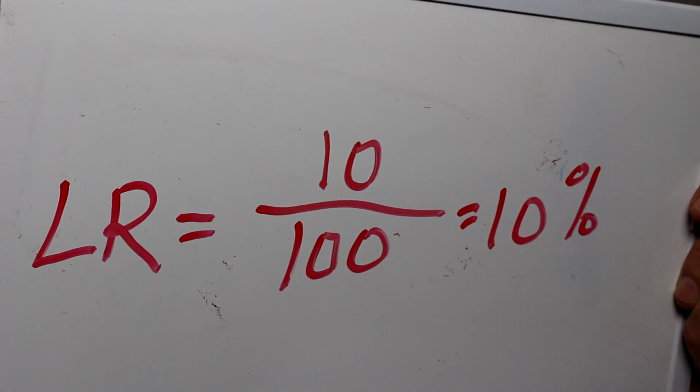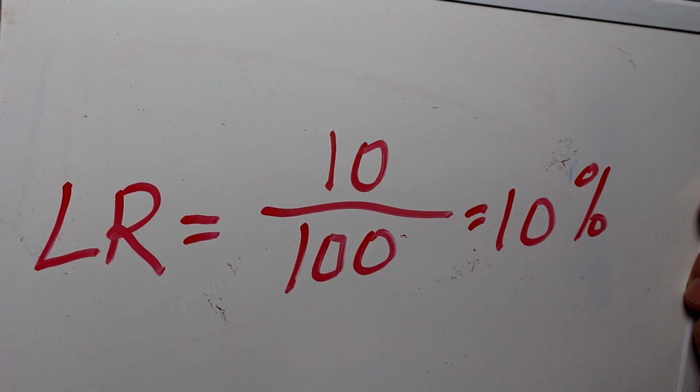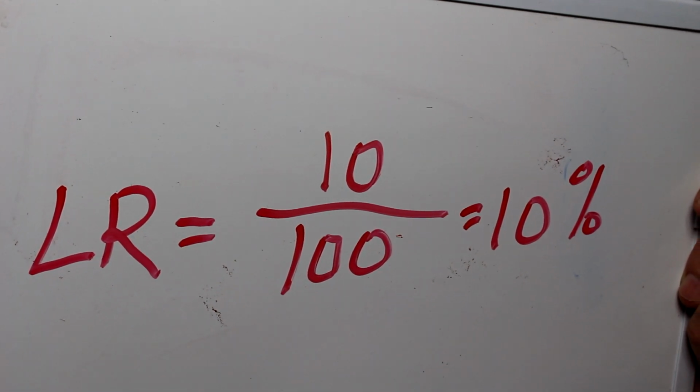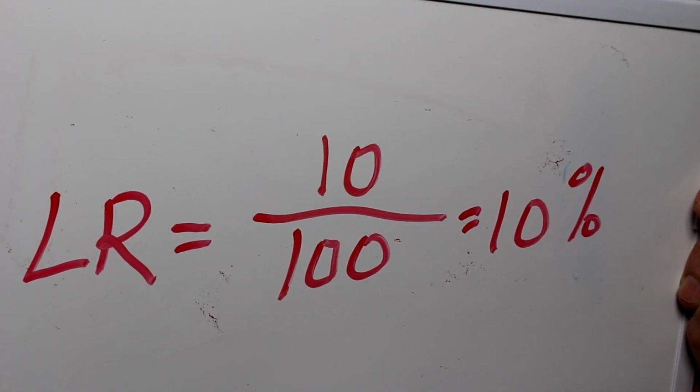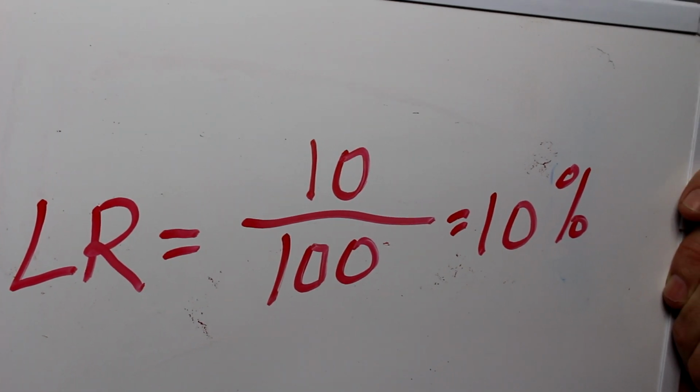Got it? $10 in Tier 1 capital, $100 in consolidated assets. That gives it a leverage ratio of 10%, which would put them way in compliance. I mean, no problem. They got to be 3%, right?